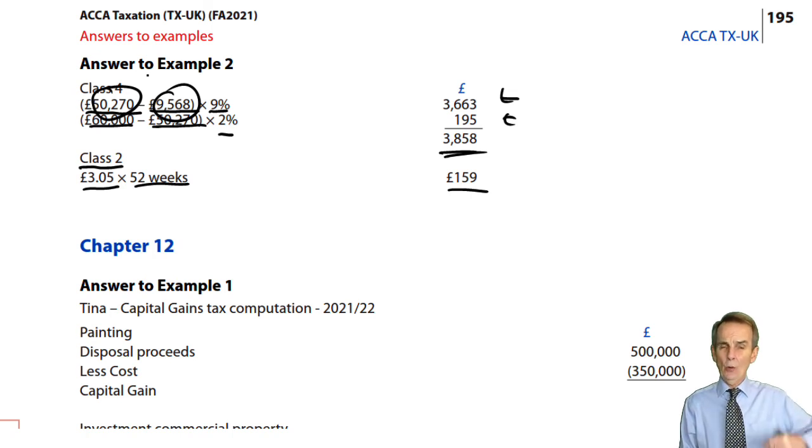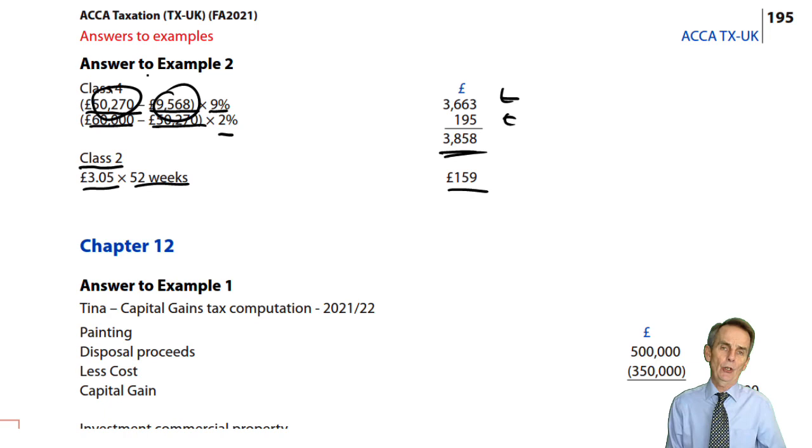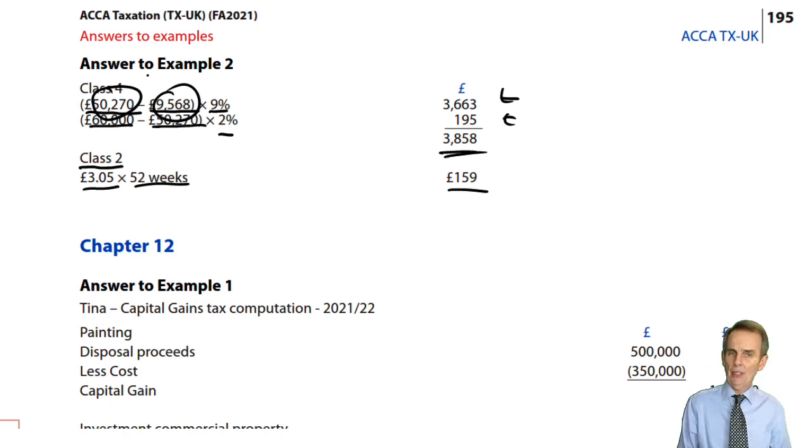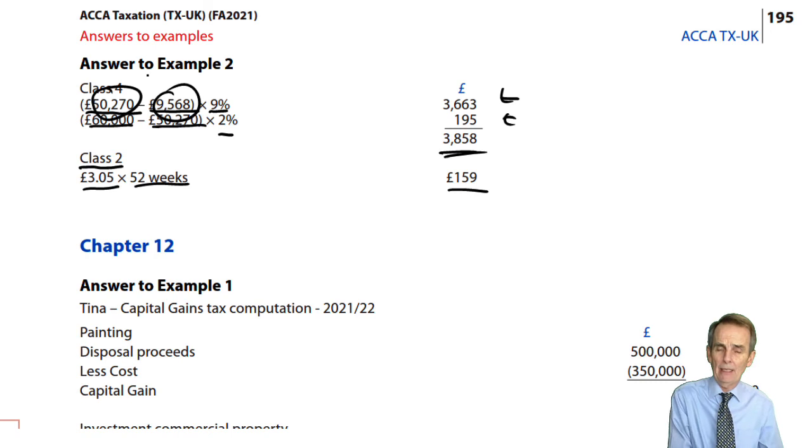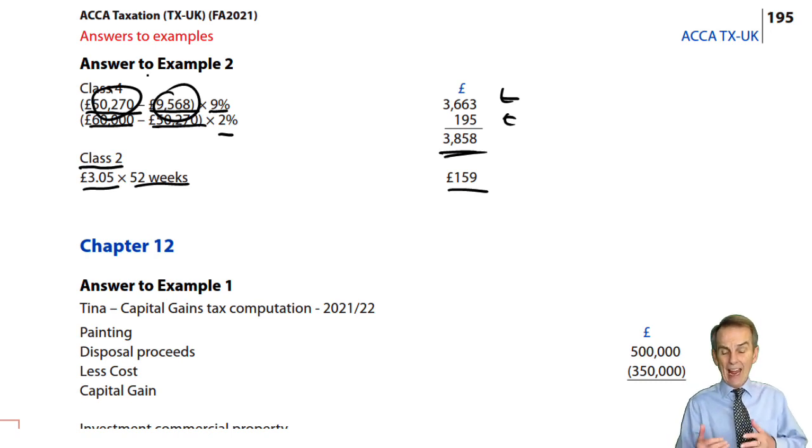Inasmuch as, are we already a higher rate taxpayer, because that gives rise to one set of CGT rates, or were we off the income tax computation merely a basic rate taxpayer? In which case, however much of that basic rate band may then be available to you that hasn't been used up in the income tax computation, that then will be used to tax the first part of any taxable gains.